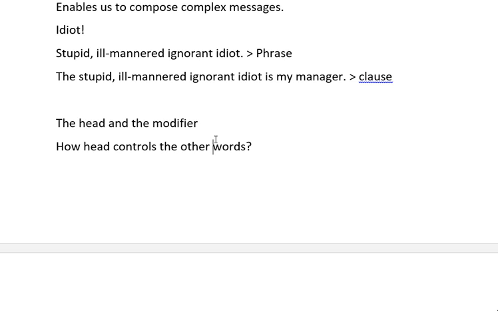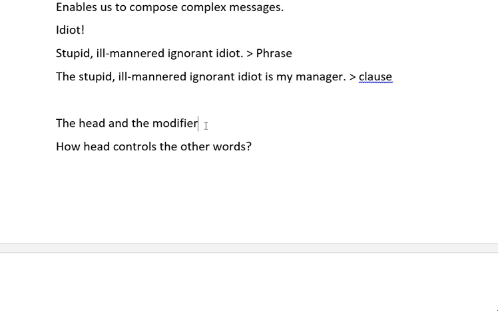Clear? A head can have more than one modifier and may have no modifier. Clear? And the second idea is that words are basically grouped into phrases, and those groupings typically bring together heads and their modifiers.